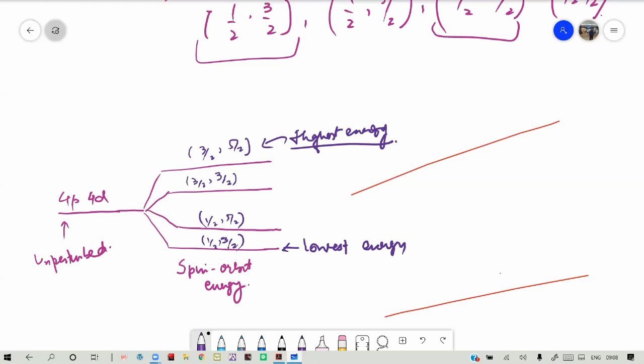Now each of these four levels will be further perturbed by, you can say, LS coupling. That means there will be electrostatic, and let me remove this from here. I will draw the energy levels here also.